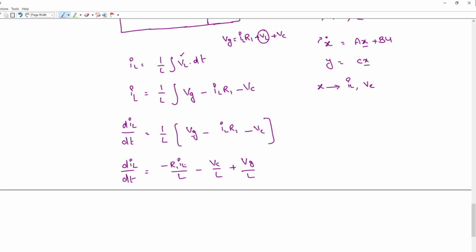These parameters are in IL and VC form, and it also has Vg as the input.